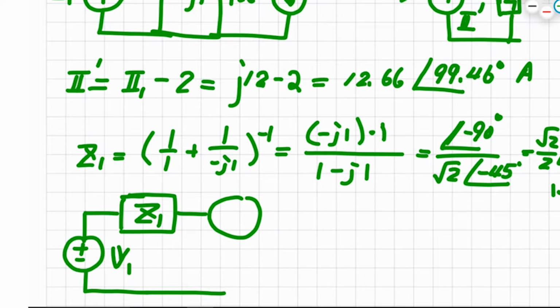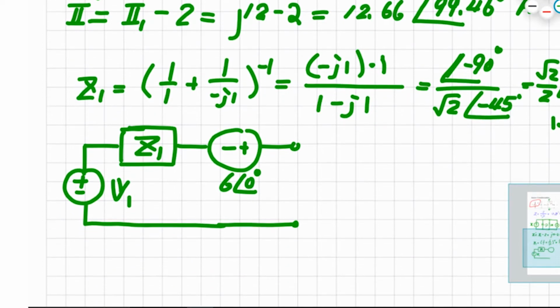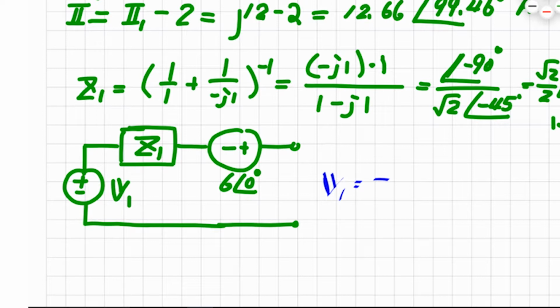Negative. That's 6 volts. So, V1. V1 is equal to I prime times Z1.